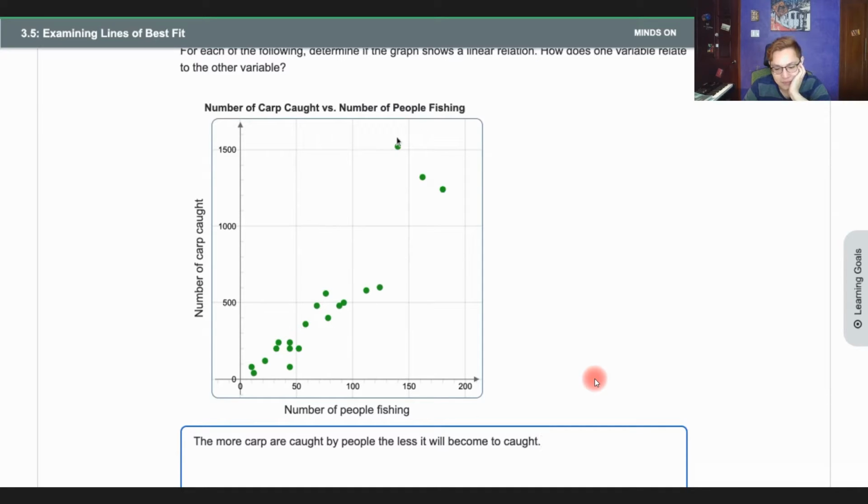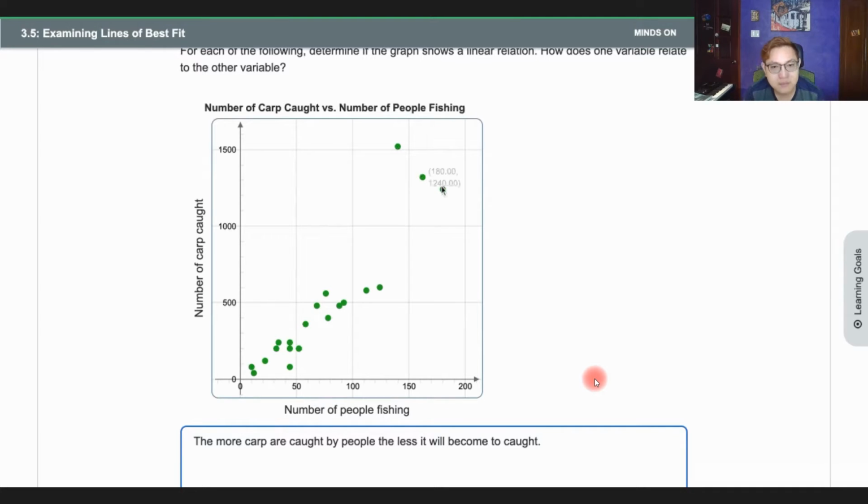When a lot of people are catching a lot of carp, there's a limit to the number of carp here, so there will be less for other people to go fishing.